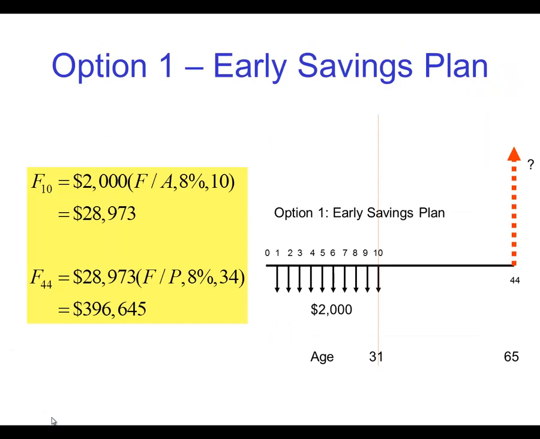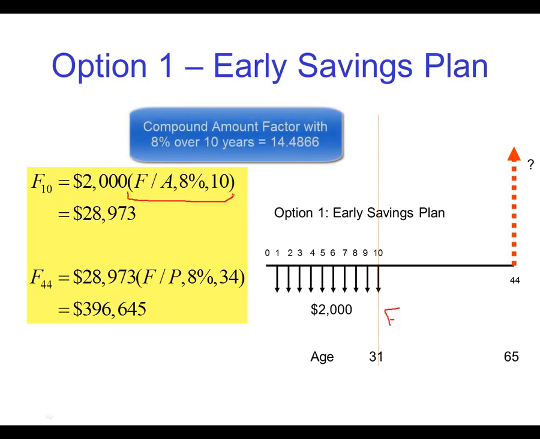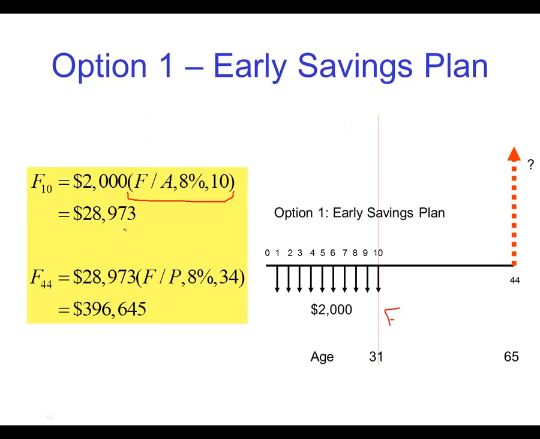If you calculate the first one, you can see that your future value, so you find F after 10 years, will equal 2,000 multiplied by the factor, which is the compound amount factor that we calculated before, or you can find at the back of the book, and it will be $28,973, and that will be at the end of the 10th year.